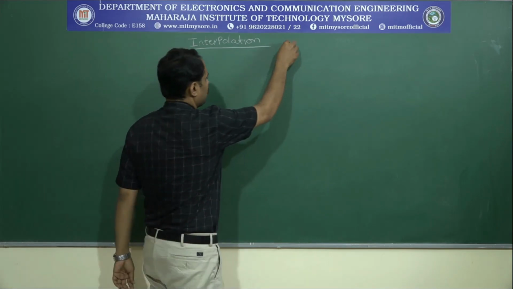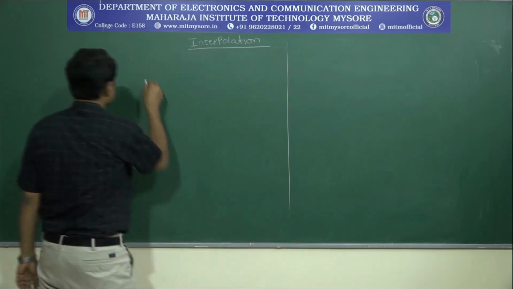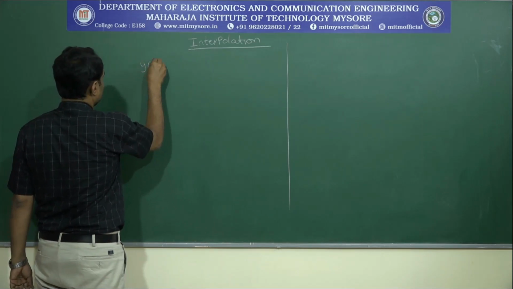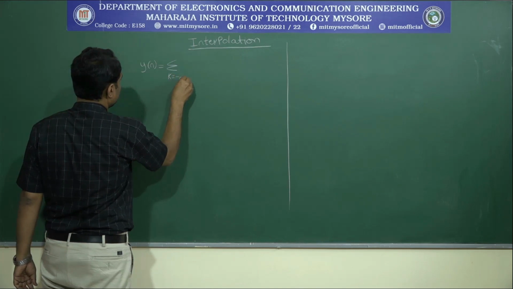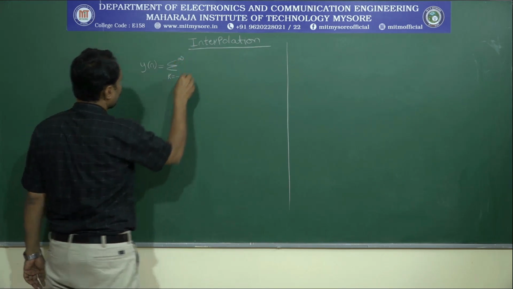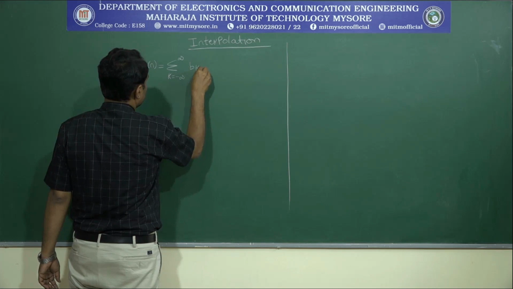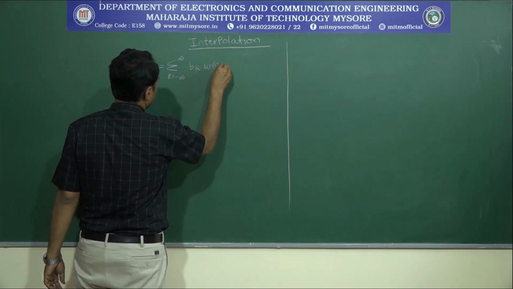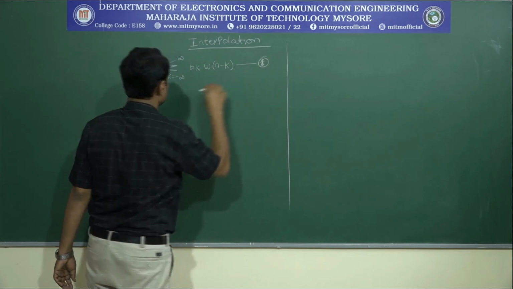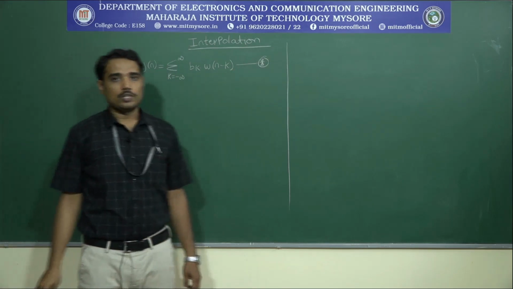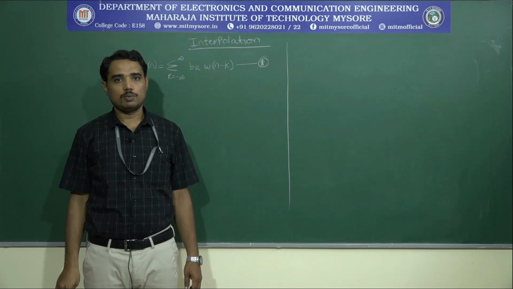The interpolation output equation is given by y of n is equal to summation k is equal to minus infinity to plus infinity b k into w of n minus k. This is the output equation for computing interpolation.